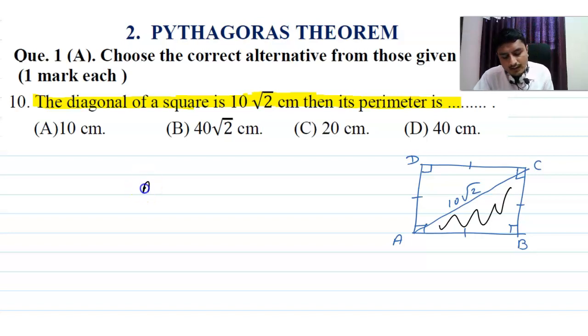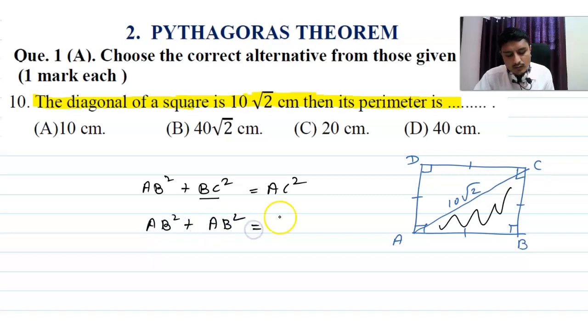So we get AB square plus BC square equals AC square. That means AC is the hypotenuse of right angle triangle ABC. Now all sides of the quadrilateral are equal because the given quadrilateral is a square, so we can replace BC by its value in terms of AB. We get AB square plus AB square equals AC square.